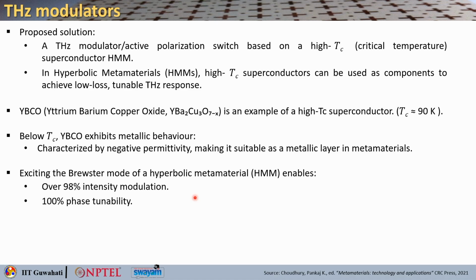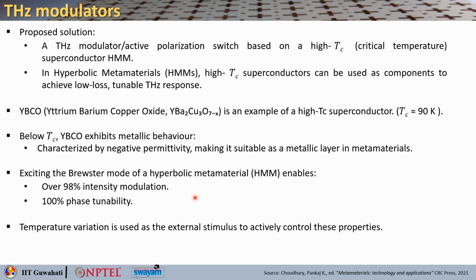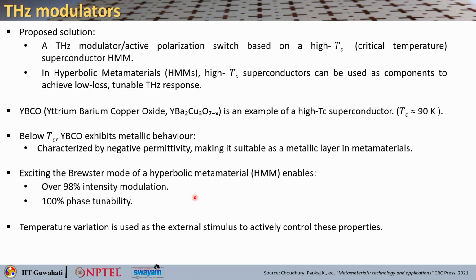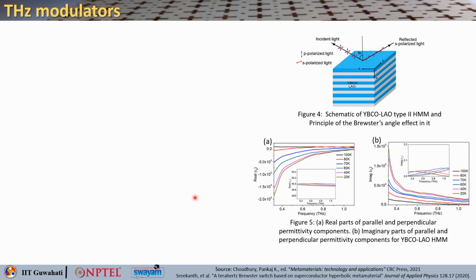So, hyperbolic metamaterials can be designed to act as an intensity and phase modulator for terahertz light by tuning the Brewster angle. That is where you can achieve this kind of 98% intensity modulation or 100% phase tunability. In doing so, temperature variation can be used as the external stimulus that can give you active control of the properties.